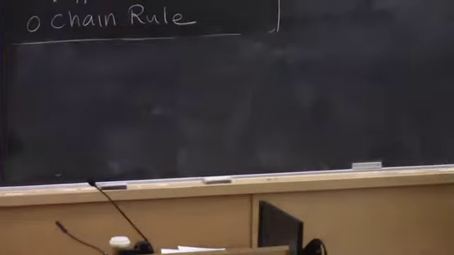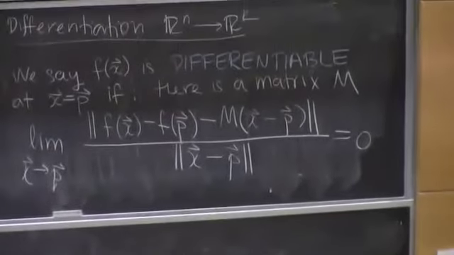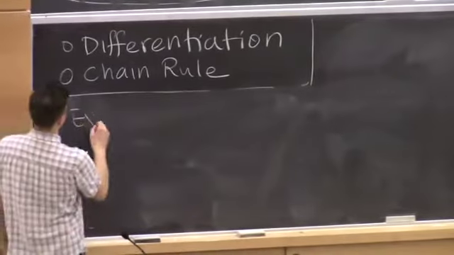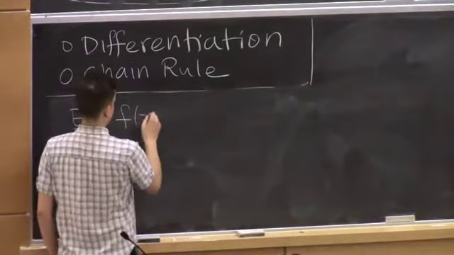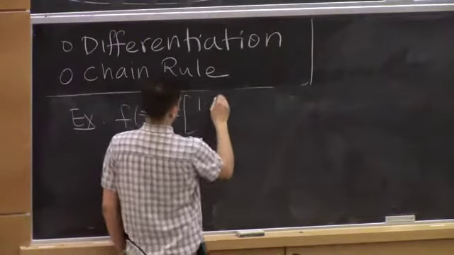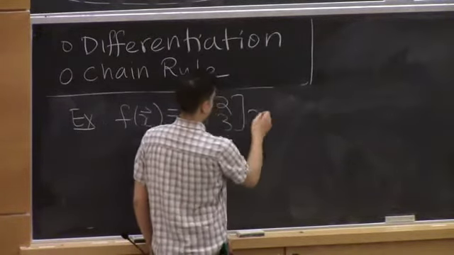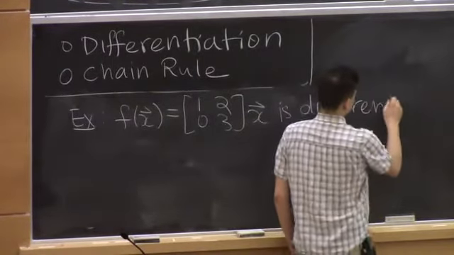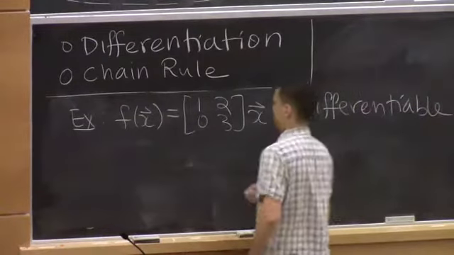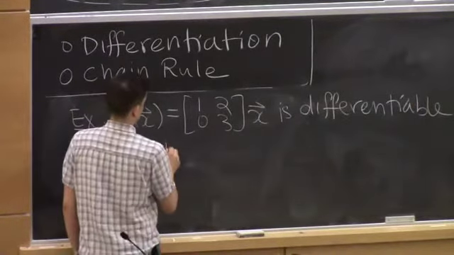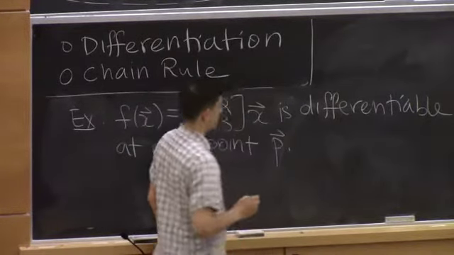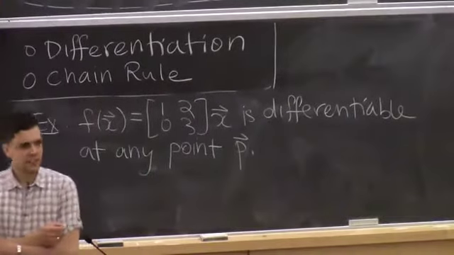Anyway, so this is sort of the nicer definition of differentiable than we see in one variable. Everything works nicer here. But let's see how it goes. So let's check. Okay, so let's have a look at this function.